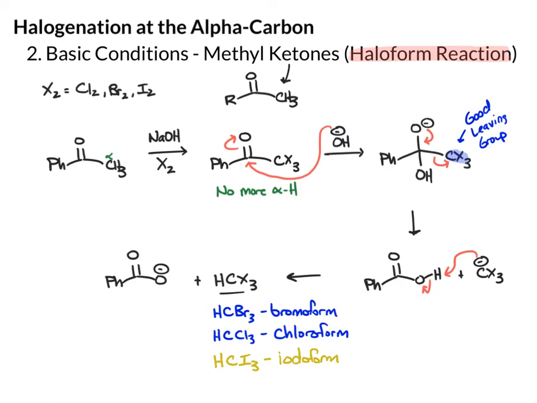Now, chloroform and bromoform are liquids. Iodoform, and you'll notice I wrote it in yellow, is a yellow solid, a bright yellow solid. And this can be used as a chemical test for methyl ketones.